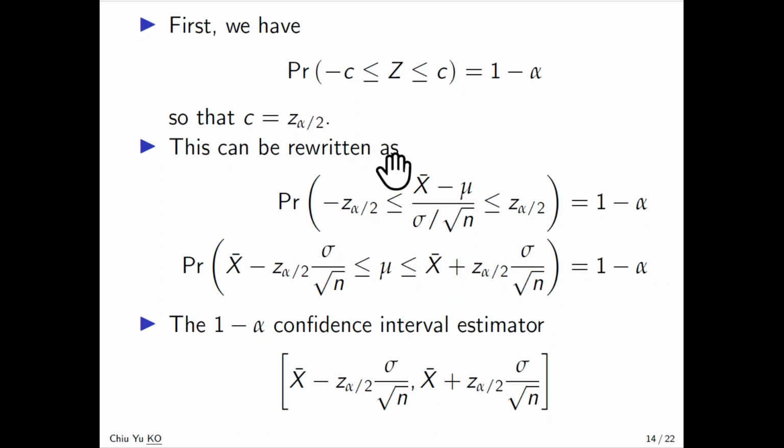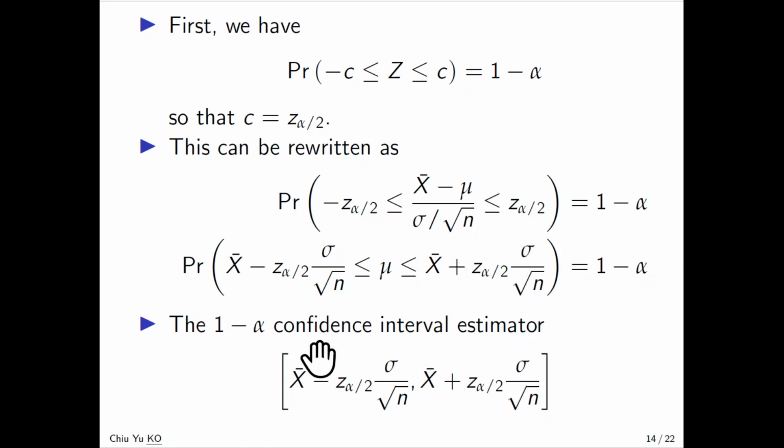We can rewrite this as negative z alpha over 2 less than Z less than z alpha over 2, with probability 1 minus alpha. Multiply both sides by sigma over root n and add mu, so the unknown mean will be between x bar plus or minus z alpha over 2 times sigma over root n.